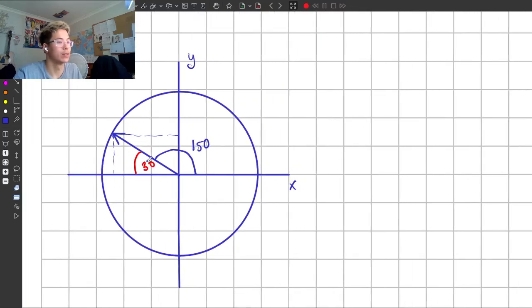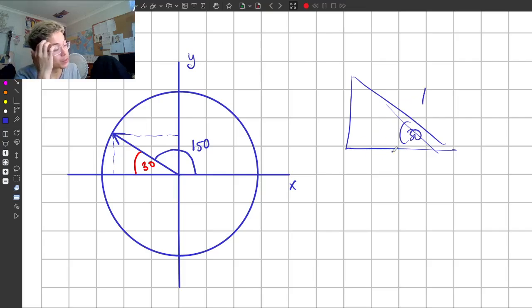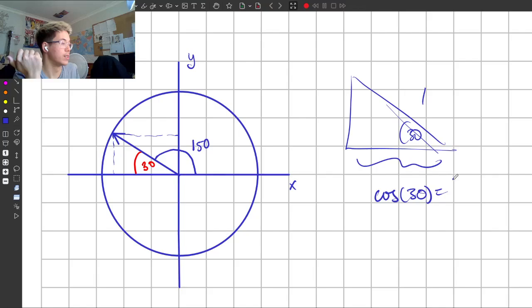Well, we just imagine that we have this right angle triangle now, with angle 30 and hypotenuse 1. Then by trigonometry, this side here, your horizontal, is going to be your cos of 30, because cos of 30 is adjacent over hypotenuse, but your hypotenuse is 1. So cos of 30 by exact values we know as being the square root of 3 on 2.